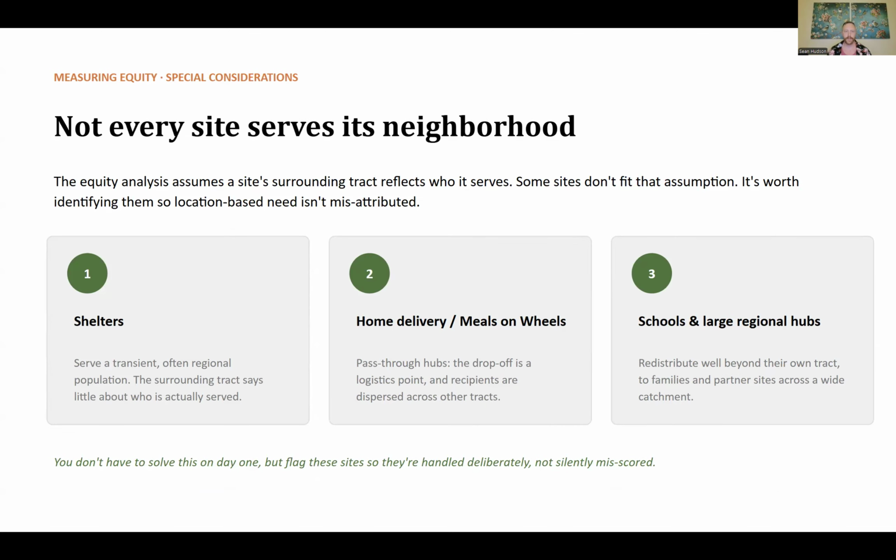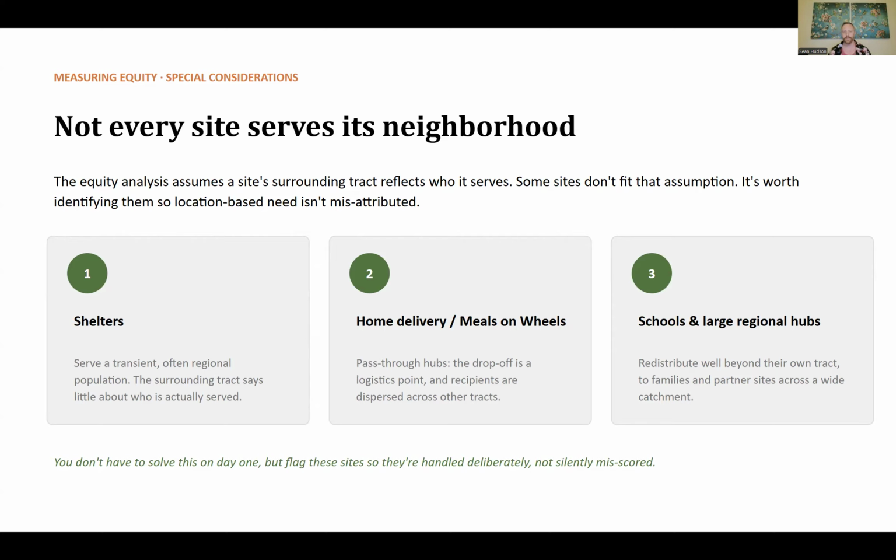Another little special consideration is that not every site serves its neighborhood, right? So I think of 3 particular types of organizations here. You've got your shelters. People come from everywhere to stay there, and everyone who is there needs to be there. So shelters could independently be treated as very high need, regardless of what their neighborhood looks like, right? They don't specifically serve the neighborhood.